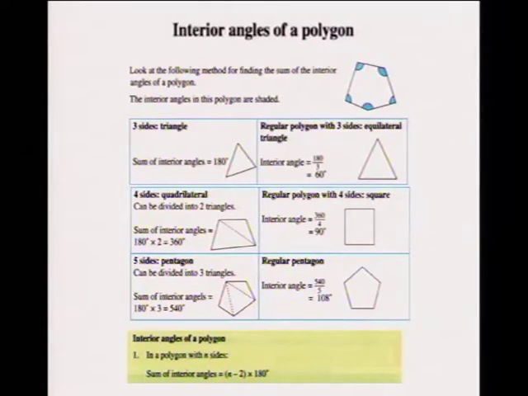It can be divided into 3 triangles, and if you are working with students, let them draw the line so they can see it makes up 3 triangles. So 180 times 3, which is 540 degrees. The regular pentagon will be 540 divided by 5. So the 5 sides can be divided into 3 triangles.